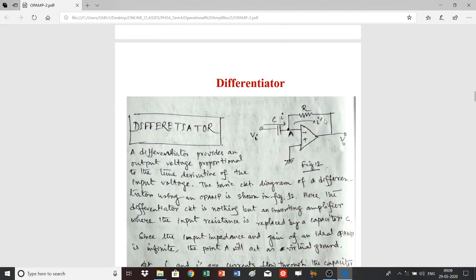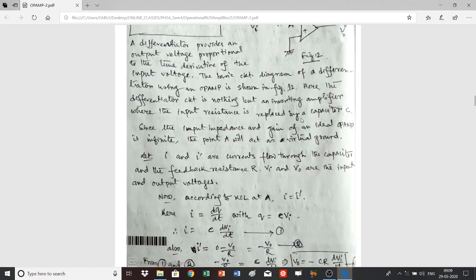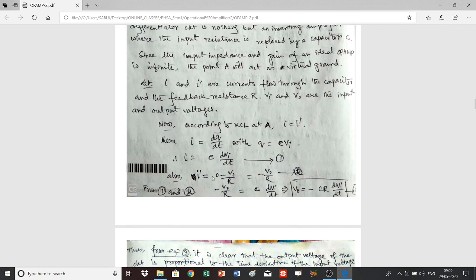And further I prime can be calculated from this portion of the circuit, that I prime is equal to the potential difference between these two, so 0 minus V0 by R. Here it is written I prime is equal to 0 minus V0 by R, that is equal to minus V0 by R. Since I prime and I are equal, you write from these two relations that minus V0 by R is equal to C into dVi by dt, or V0 is equal to minus CR dVi by dt.